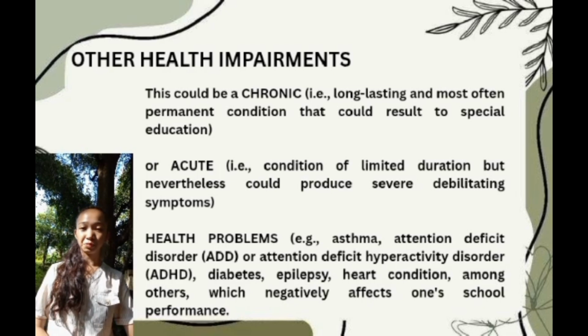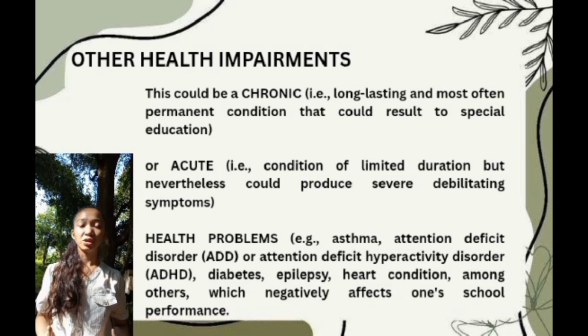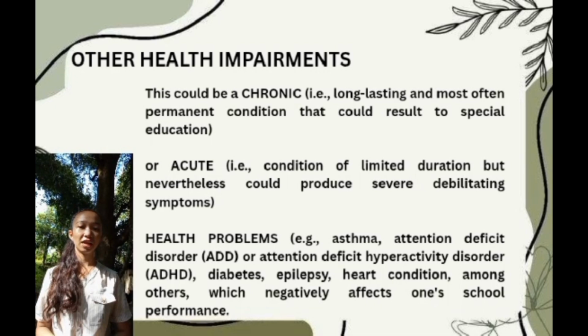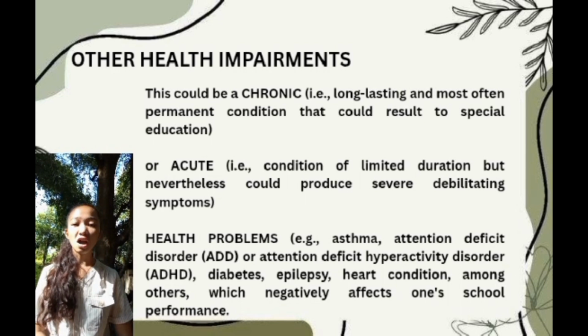Next, health problems, which include asthma, attention deficit disorder or ADD, attention deficit hyperactivity disorder or ADHD, diabetes, epilepsy, and heart conditions, among others, which negatively affect one's school performance.